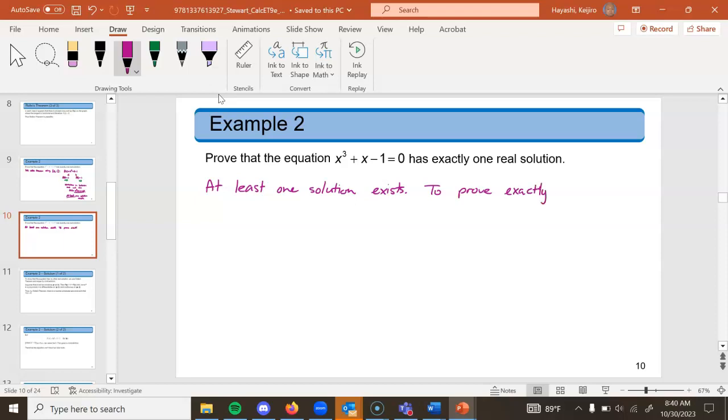So to prove exactly one solution, I mean, obviously this isn't going to be a proof-based calculus class, but there's no reason you can't be exposed to them early on. We're going to do proof by contradiction.